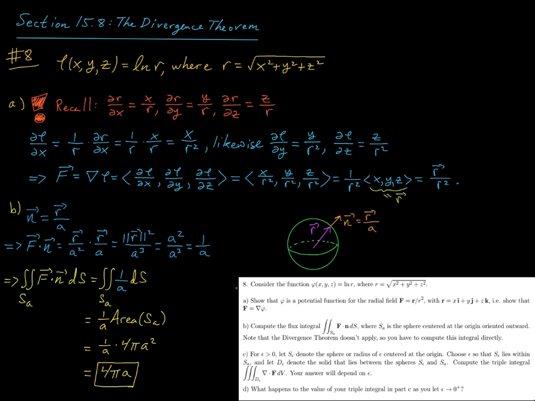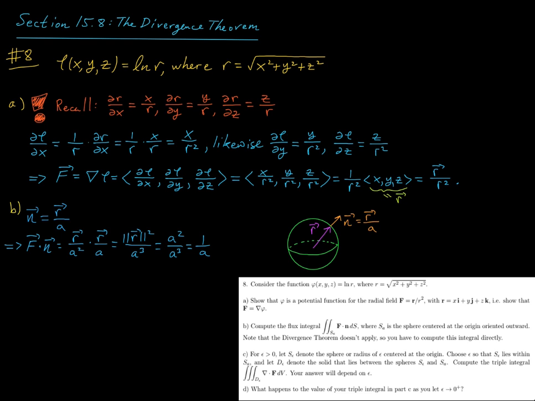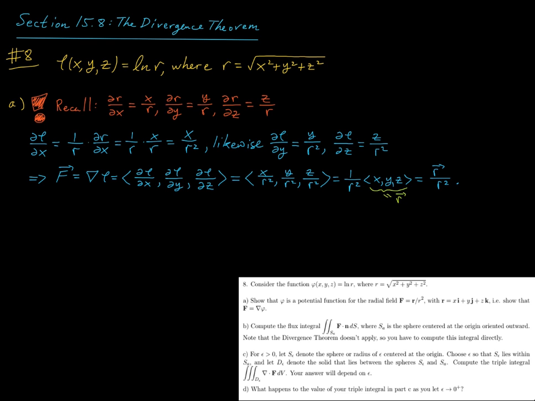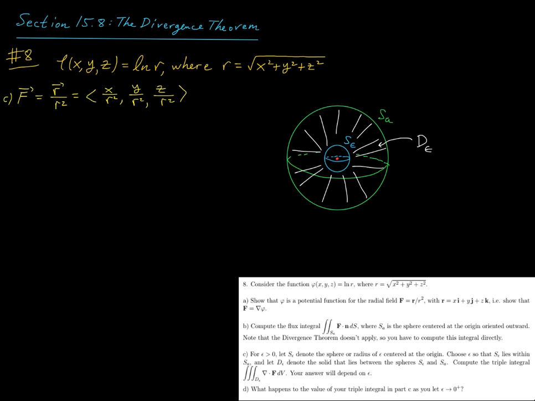All right, cool. So now let's go ahead and look at part C. Part C says, for epsilon greater than 0, let S sub epsilon denote the sphere of radius epsilon centered at the origin.